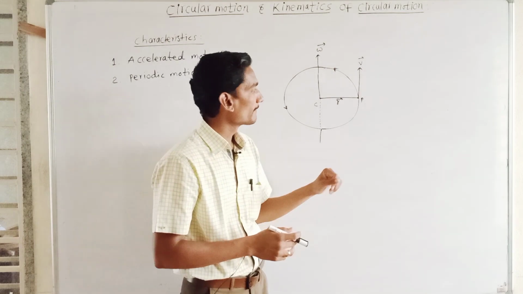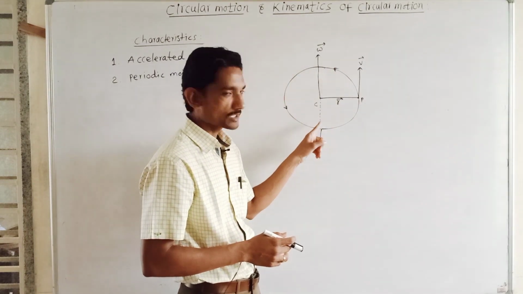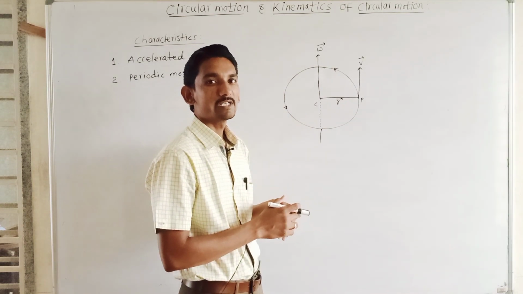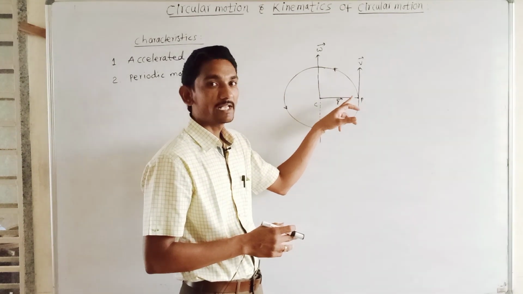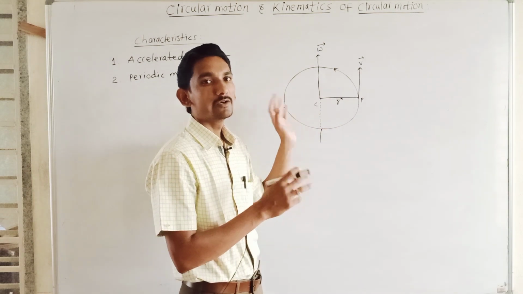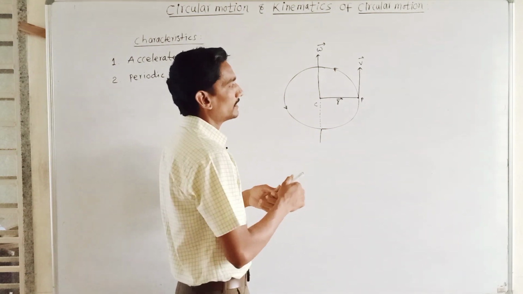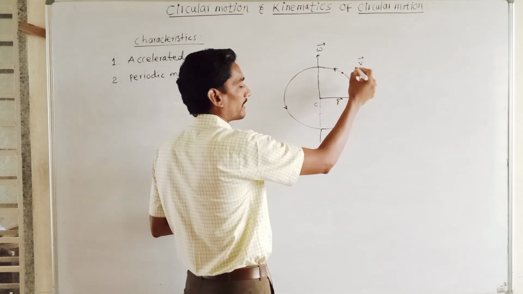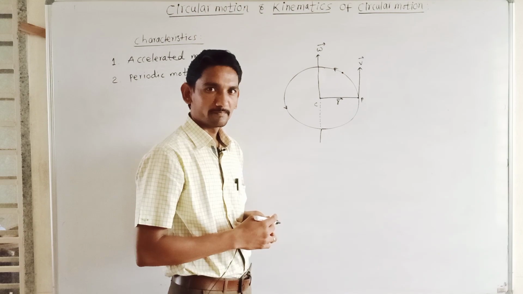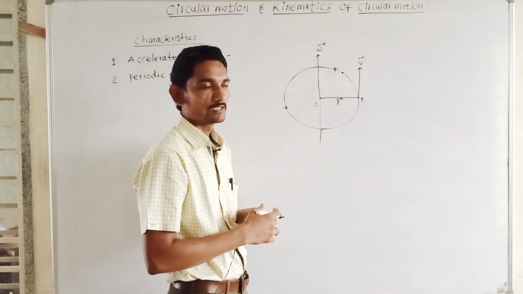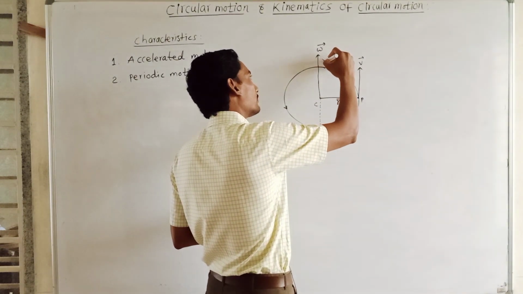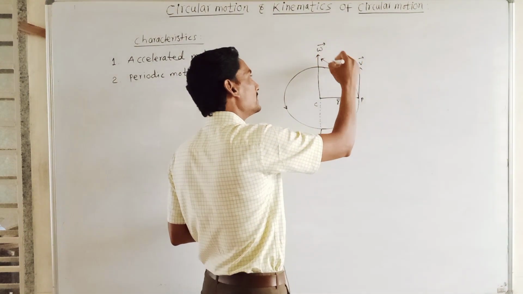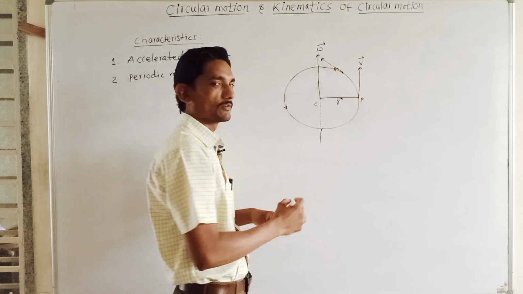Because while performing circular motion on this circular track, the particle changes its direction of velocity at every instant. For example, suppose the particle is at this position after a certain interval of time. Then what is the direction of velocity? We can draw the tangent, and the tangent gives the direction of linear velocity.